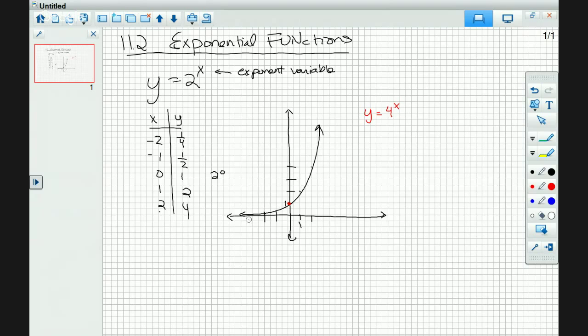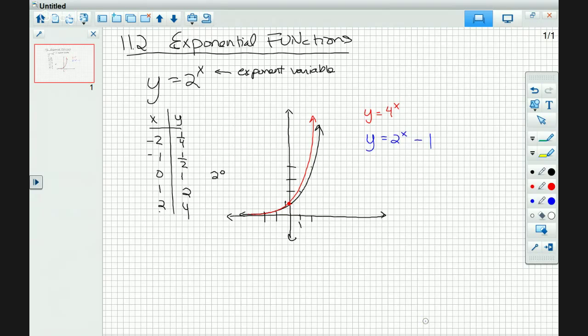I'll show you that. Now, what happens if I do this? Yeah, it's families of functions. You just drop it down 1 unit.